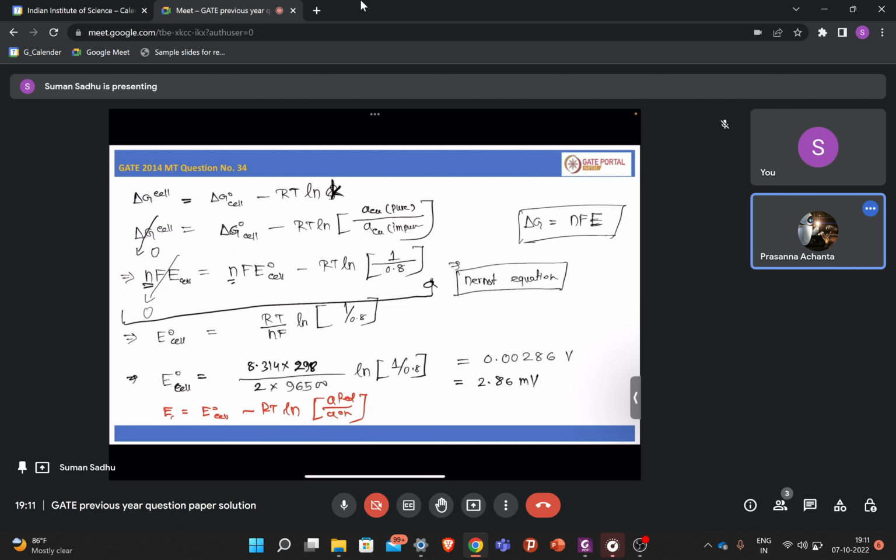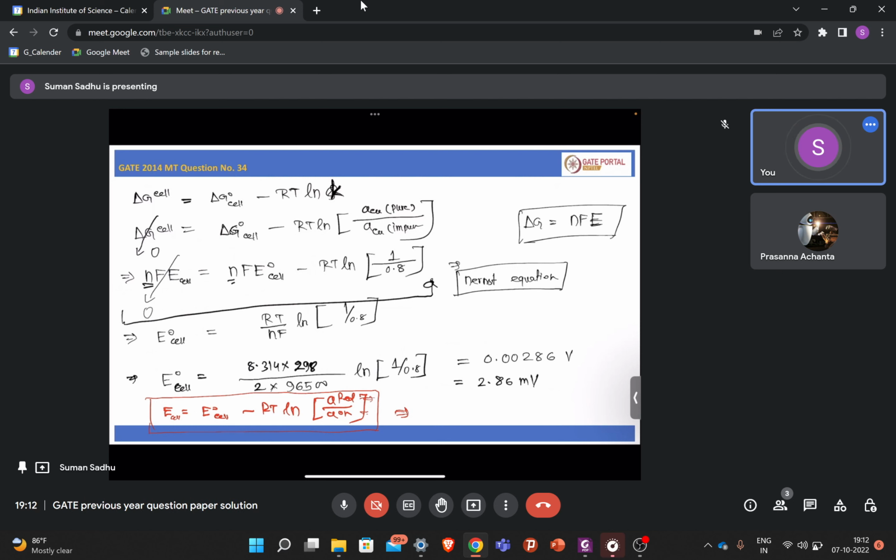If you know just this equation, you will get confused about where the oxidation and reduction are taking place. But if you remember this in electrolysis, and you are confident enough, then you can directly go by this equation and solve the question. So it will not take much time.